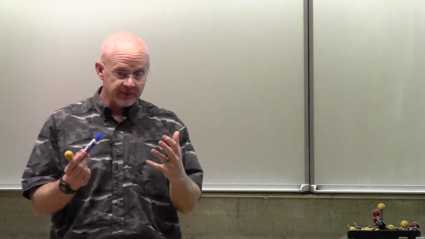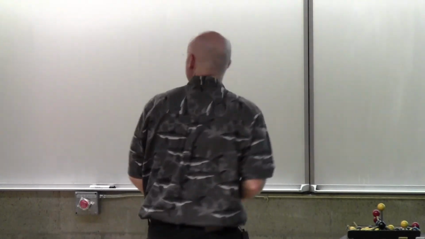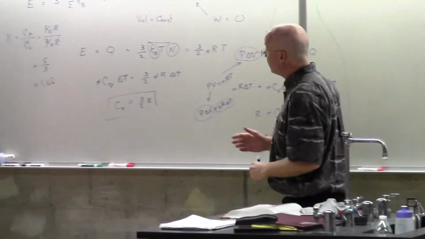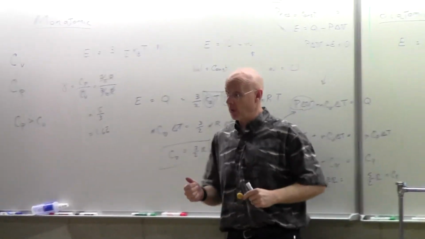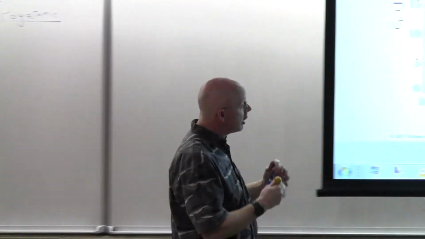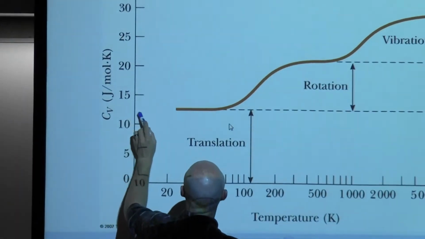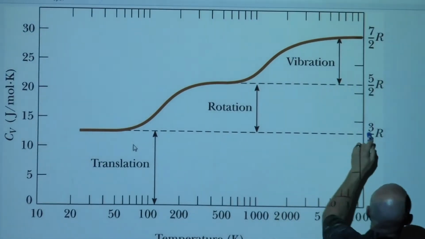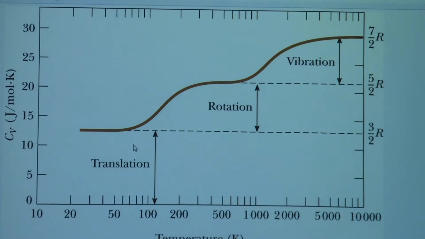It only translates. So what do you expect for its specific heat? Yeah, kind of the same as you got for the monoatomic, where we did not include rotation. And so when they measure the specific heat at low temperatures here, you can see that it's 3/2 R.